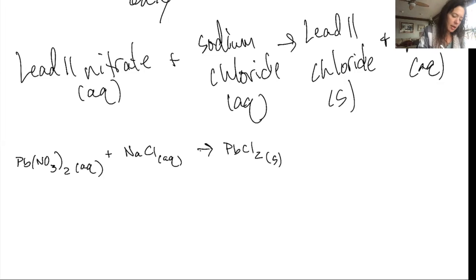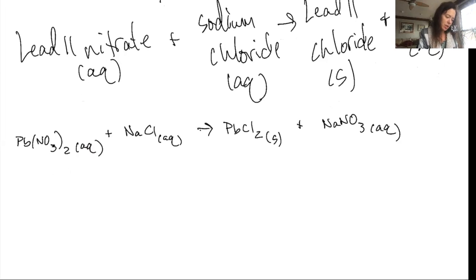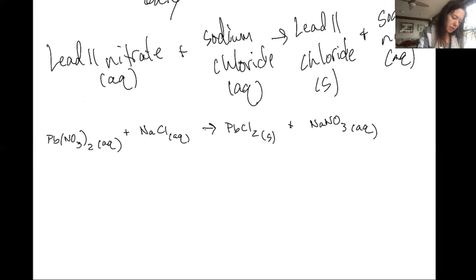Okay, I told you that, and that's important now. And sodium nitrate, NaNO3, aqueous. All right, I see I've got 2 nitrates and 2 chlorides, so I need to put a 2 here and 2 here. That's my balanced chemical equation.